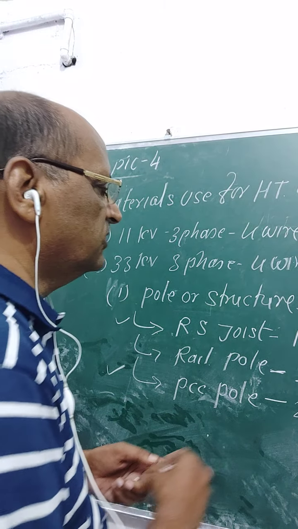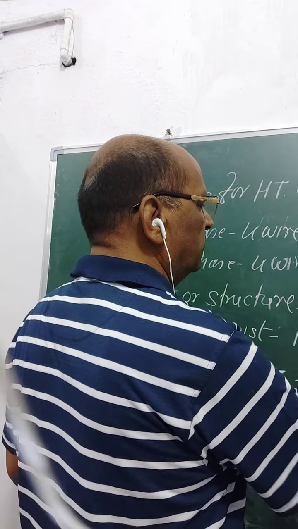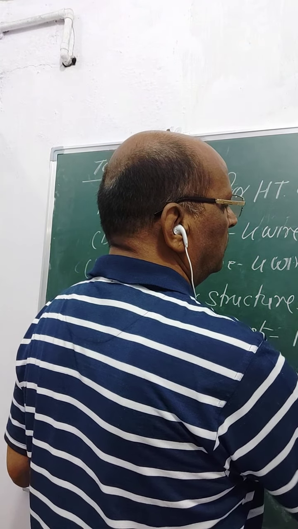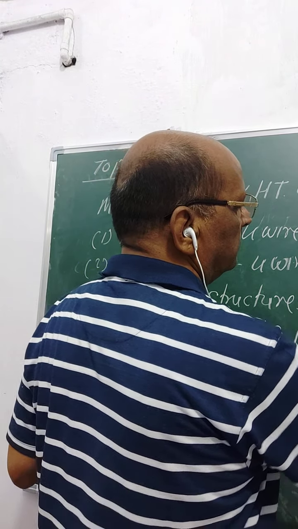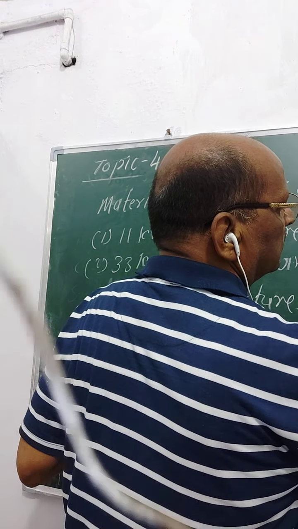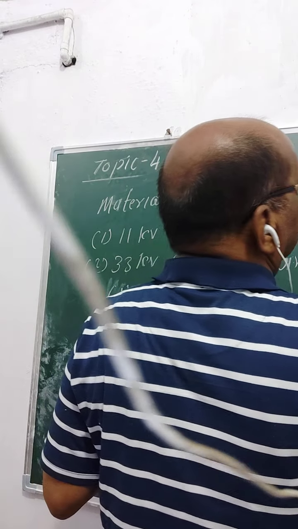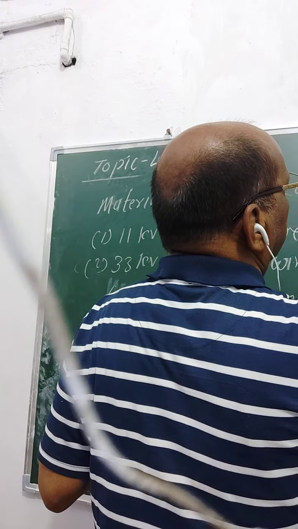RS joist means rolled steel joist. They are girder type. You have seen the girders.